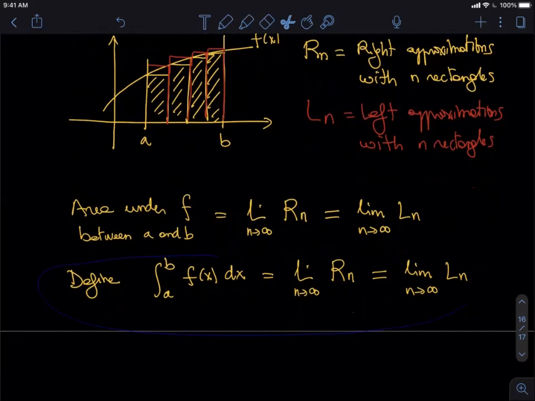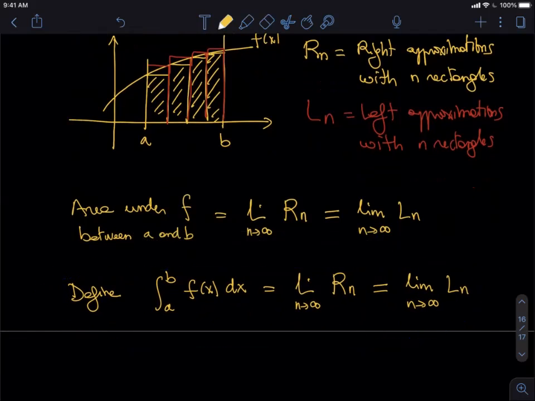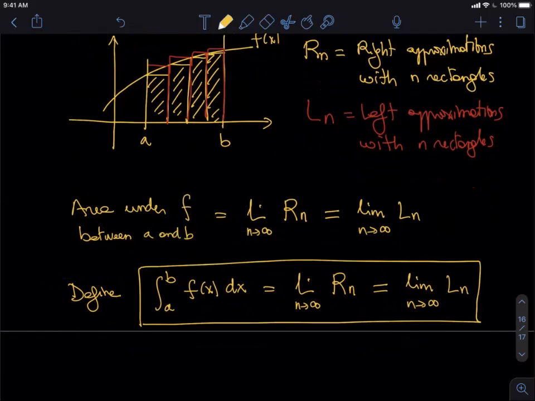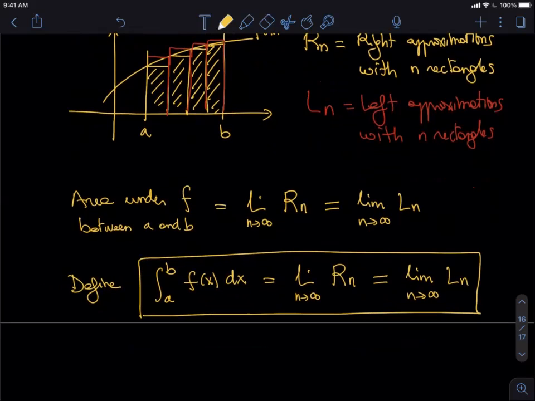So this is how we define it, this is the definition of the definite integral. This is called the definite integral of f from A to B.